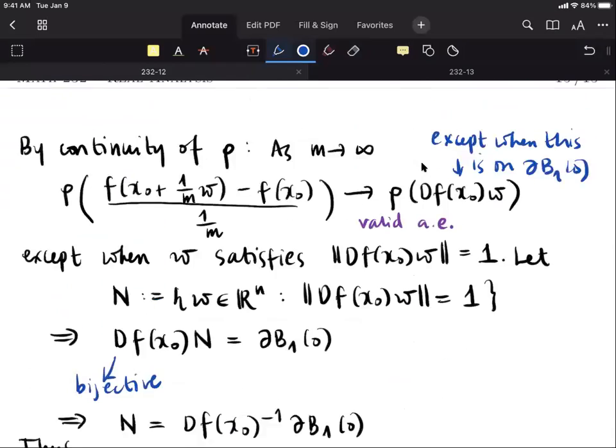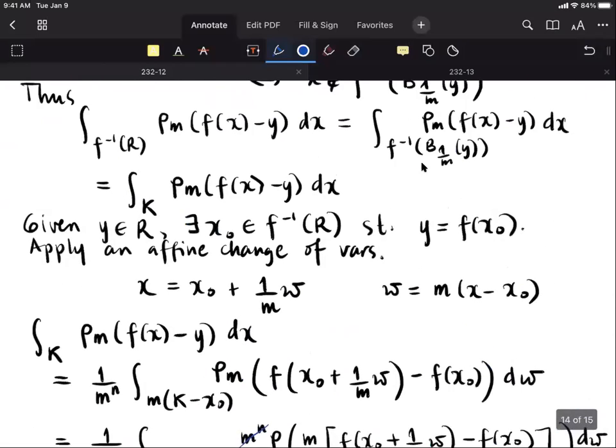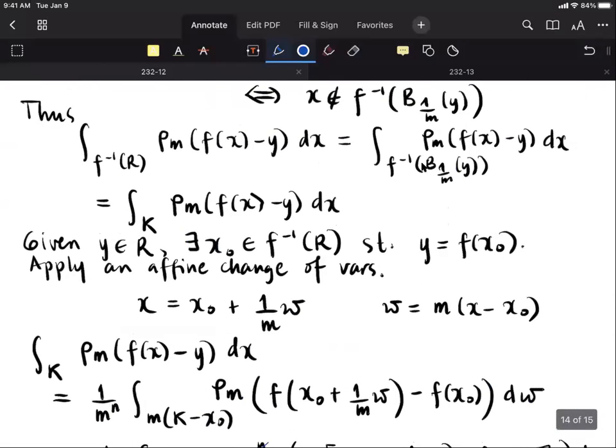Going back to the notation here, x naught is f inverse of y.